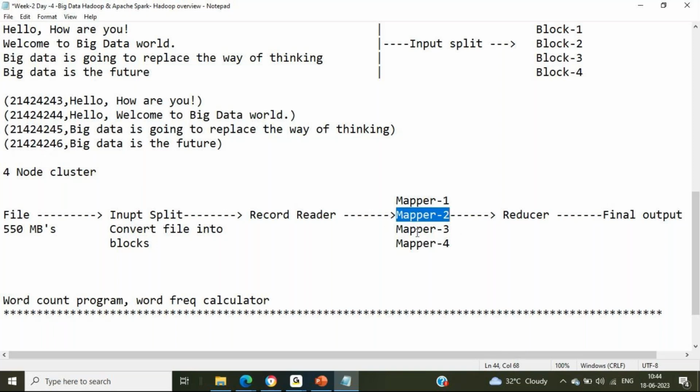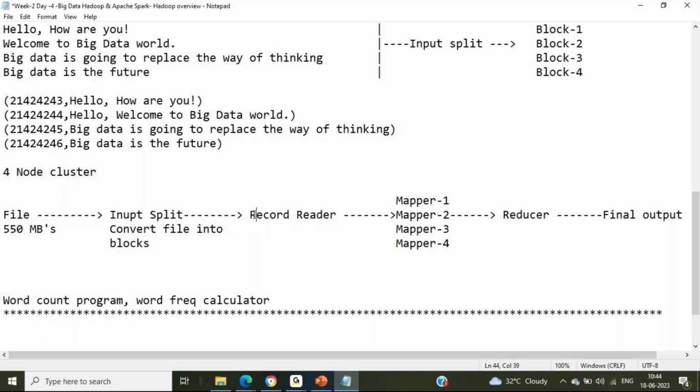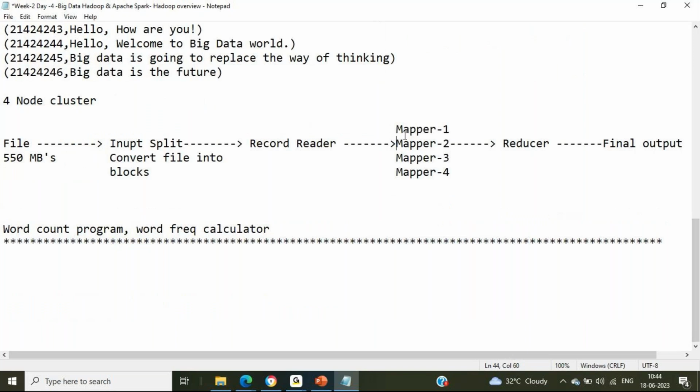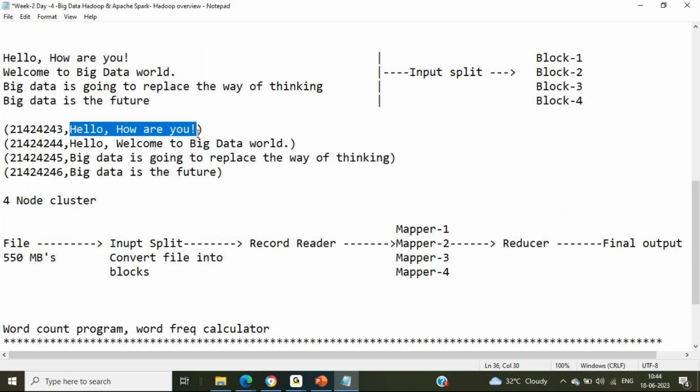Like say if I'm going to write down a program for frequency calculator, then how things will happen in MapReduce perspective. Okay, so up to so far, a file is there, and the reader has converted it into key and value pair. It has been given to the mapper. Now, what I can do, if I'm going to split these particular words and assign one with each and every word, then I will be having the outcome, and that I can feed to the reducer, and the reducer does the calculation.